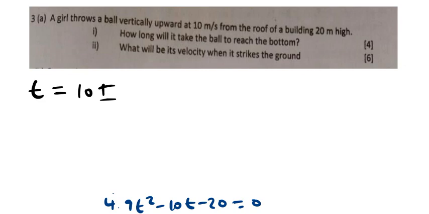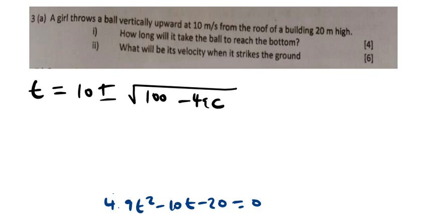Then what do we now have? Positive 10 positive or minus the square root of b squared. Our b is negative 10, and negative 10 squared is 100. Then minus 4ac. What is our 4ac? It is 4 multiplied by a, which is 4.9, multiplied by c, which is negative 20.